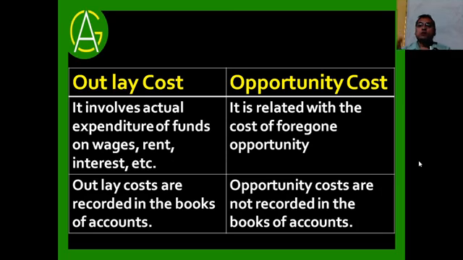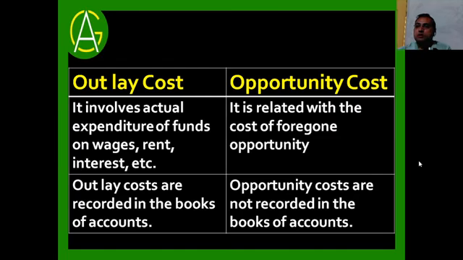Now you have two offers. Which will you select? Definitely you will select the best one, that is the offer from company Y, which offers 17 lakh rupees. If you select the offer from company Y, it means that you are going to forego, to sacrifice, the offer from company X. This sacrifice is known as opportunity cost.